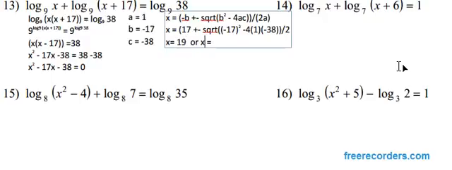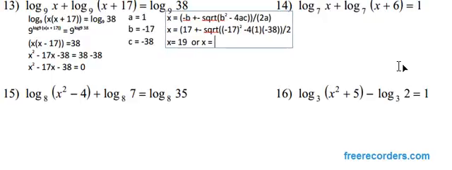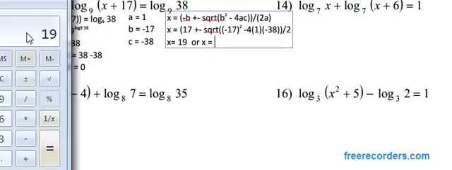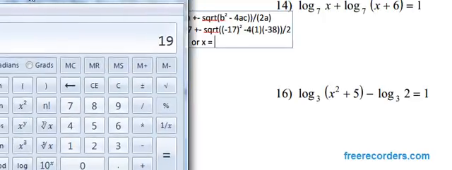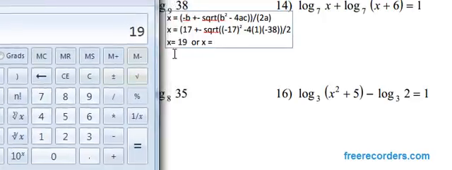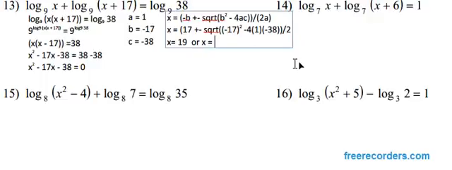And to get the other value, I go back to the calculator and I start off again with 17. This time I'm going to subtract the square root. So I do 17 minus 21 and divide that answer by 2. So I get x could equal negative 2.